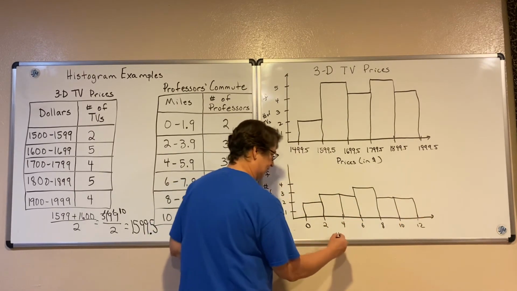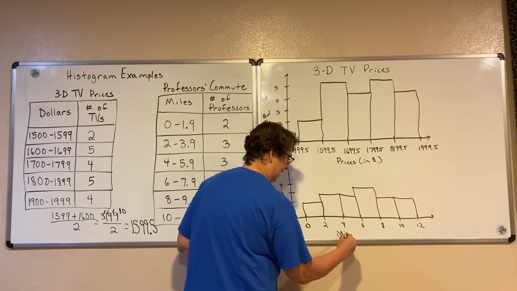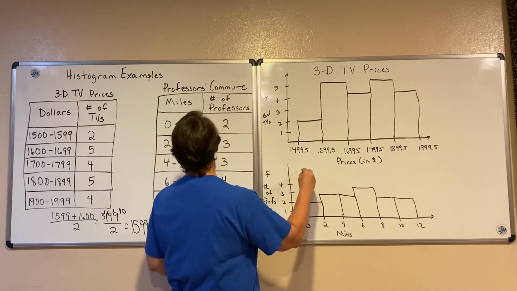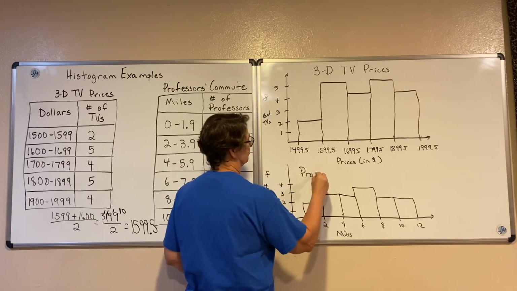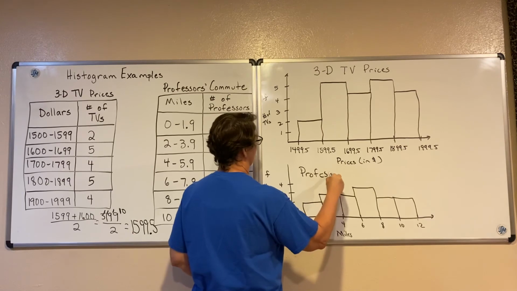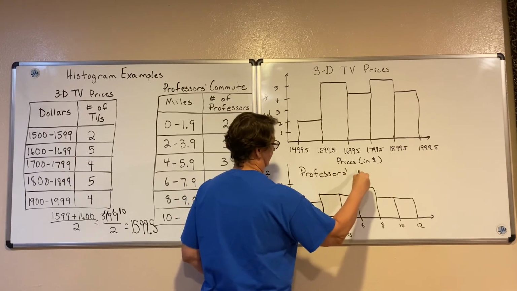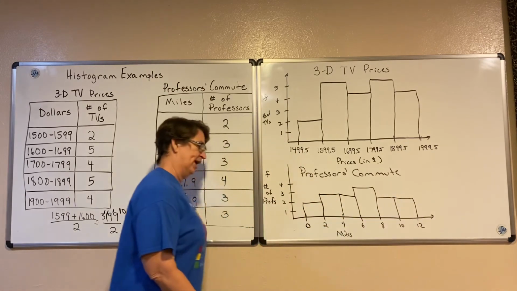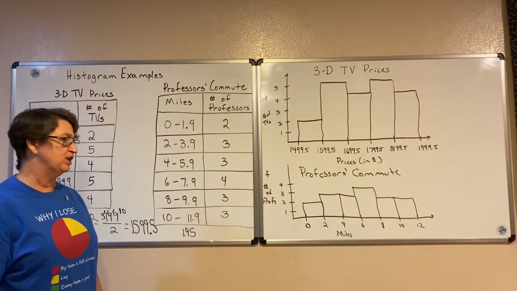Now along here I need my label of miles. And then I need my title of the professor's commute or the number of miles a professor drives. And there I have my histogram that shows the frequency of each one.